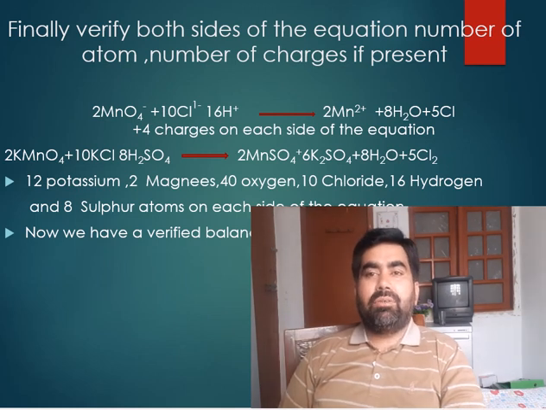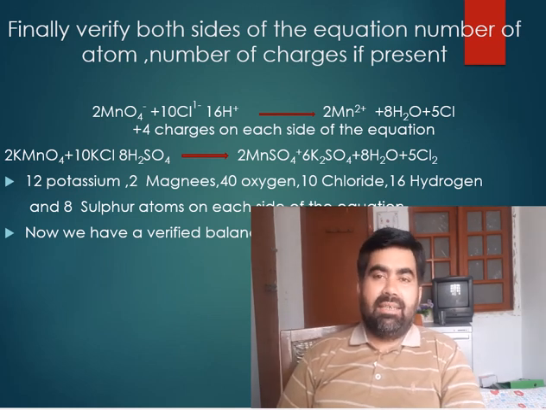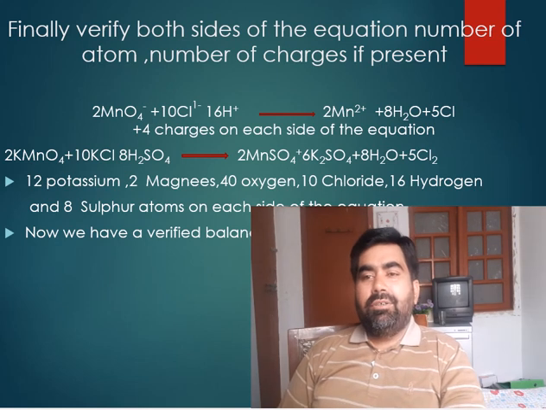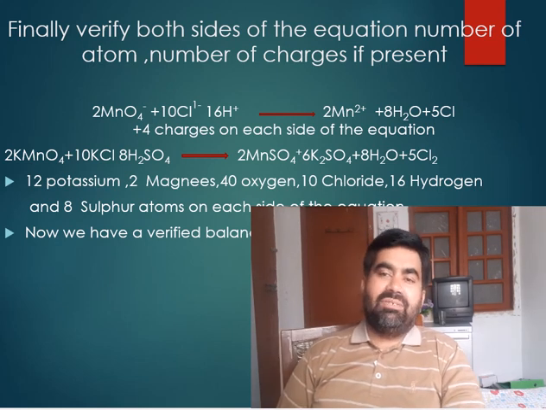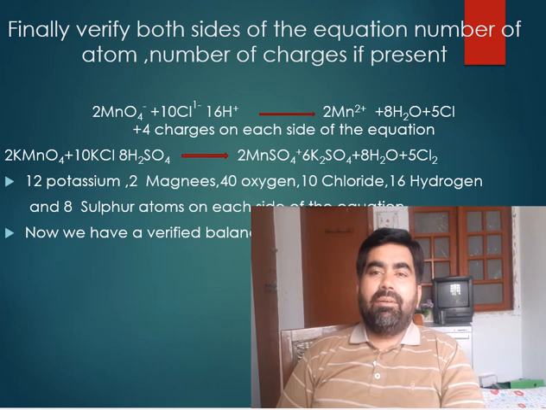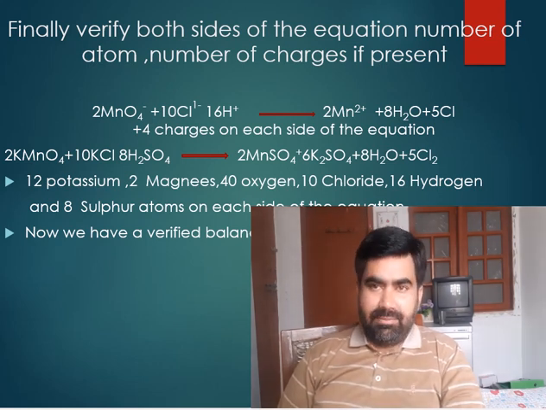It means we have a total of 4 positive charges on the reactant side. On the other hand side we have 2 into 2, meaning 4 positive charges of the manganese. It means on both sides of the equation we have 4 positive charges, so the charges are balanced.